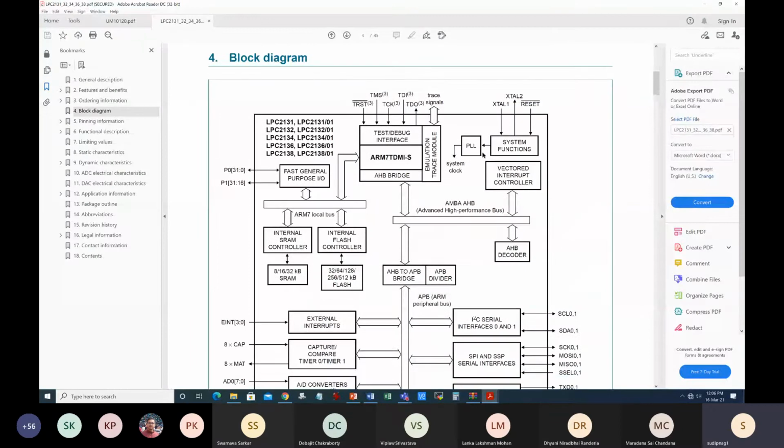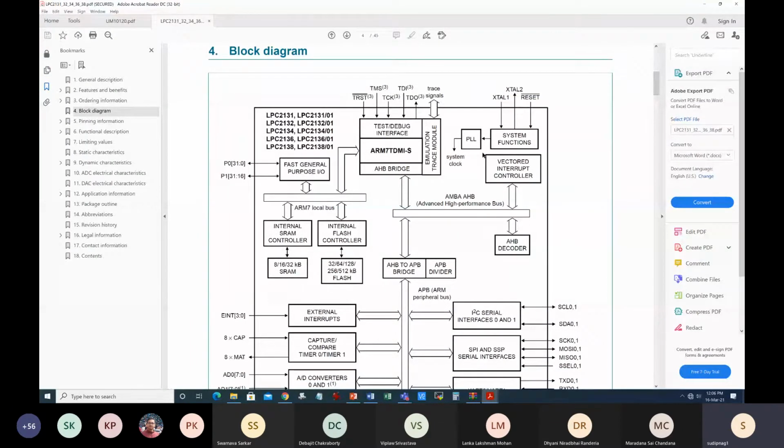So, a very quick revision of certain parts of this block diagram. You can see that the ARM7 processor, which is the ARM7 TDMI, is bounded with several different buses, and these buses are a group of 32-bit lines which can carry either address or data or both for various blocks.